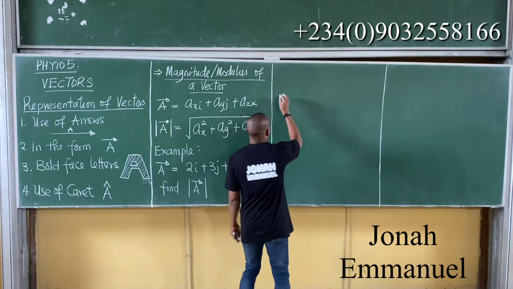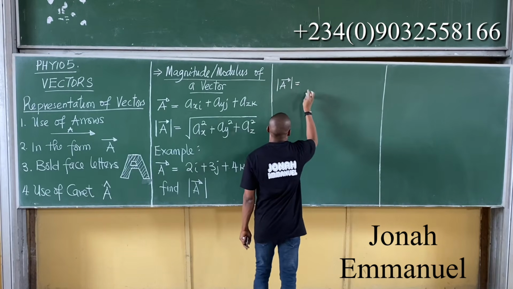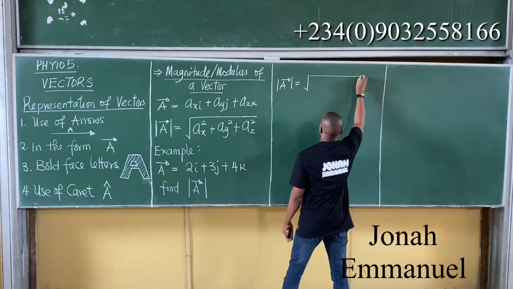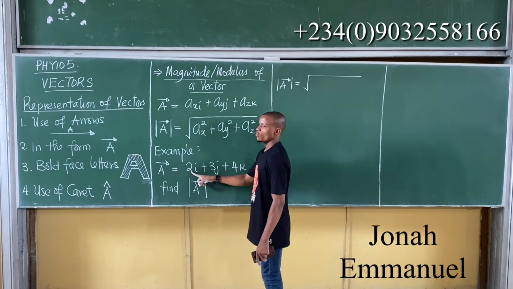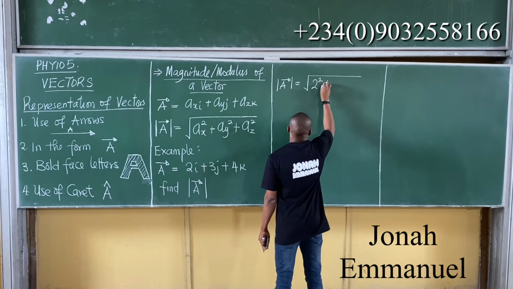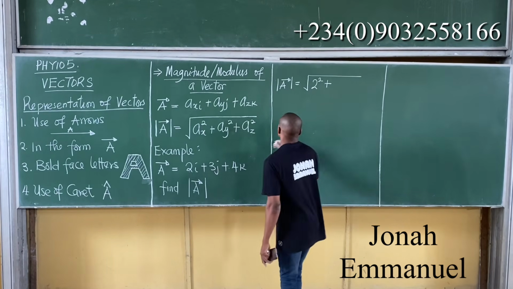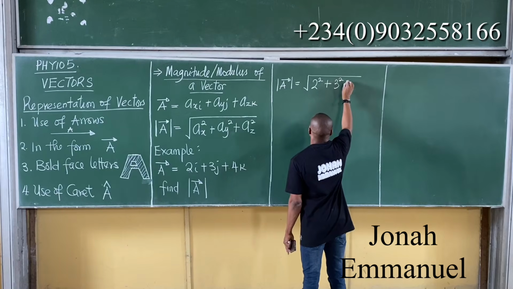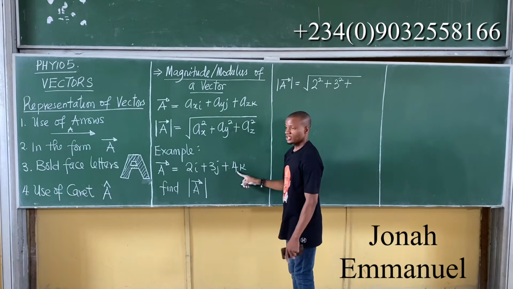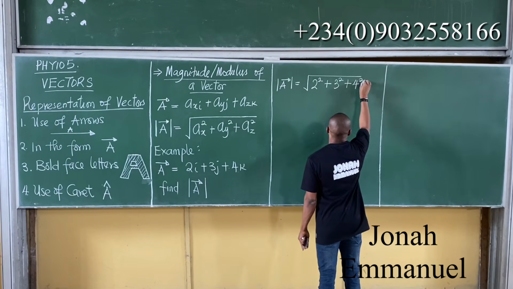The magnitude of the vector is simply equal to the square root of, for here, the coefficient of i is 2, so it becomes 2 squared, plus the coefficient of j is 3, so 3 squared, plus the coefficient of k is 4, so 4 squared.